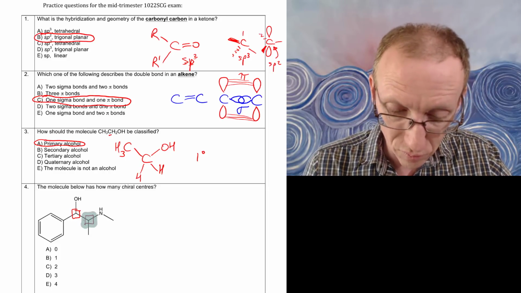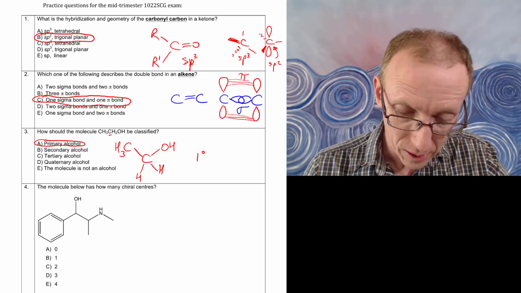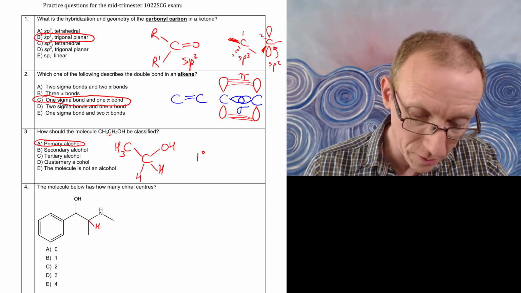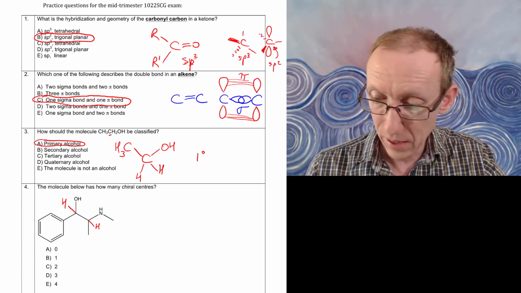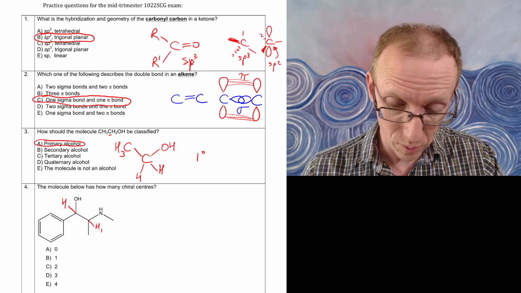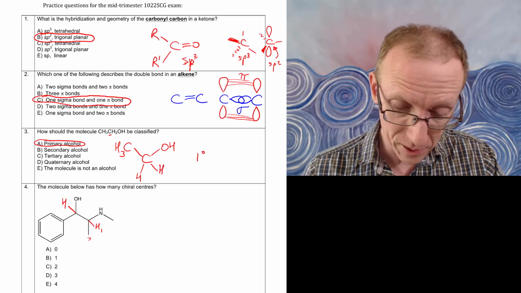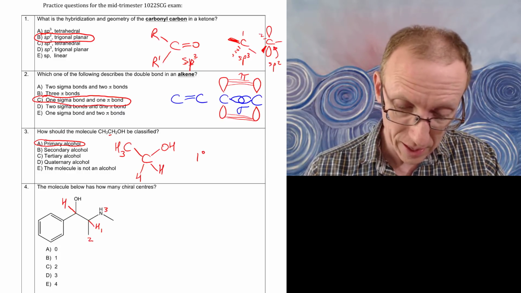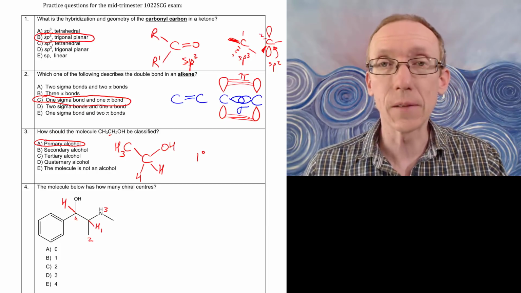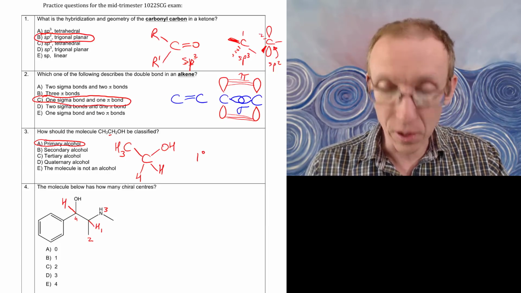So I'll just rub out those boxes. Here we've got a hydrogen there, and we've also got a hydrogen here that aren't drawn in. So let's look at the right-hand one first. We've got a hydrogen, a methyl group, an amino group, and a hydroxyl group. So there's 4 different groups around that. They're not in priority order.